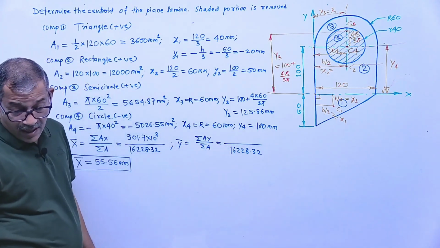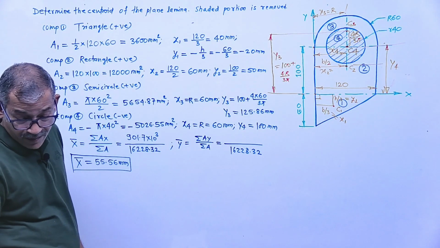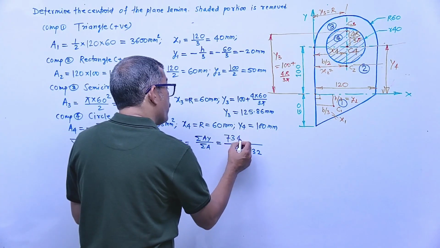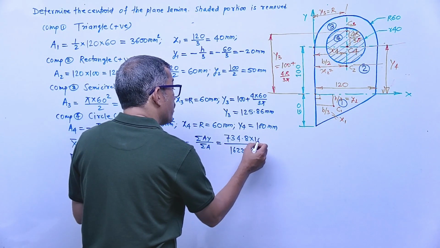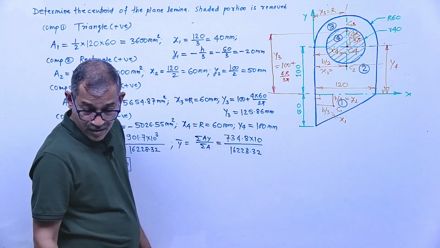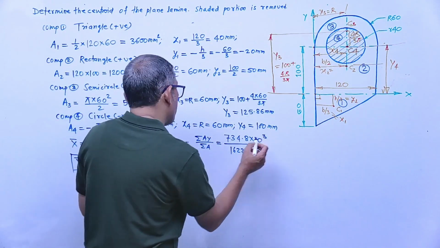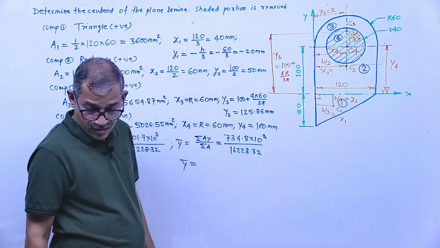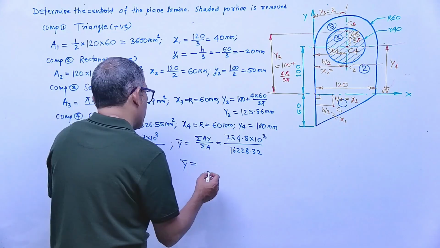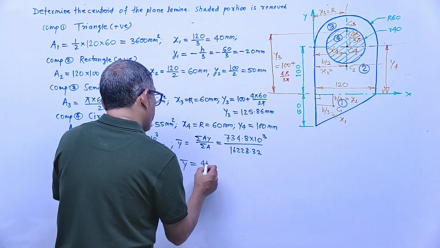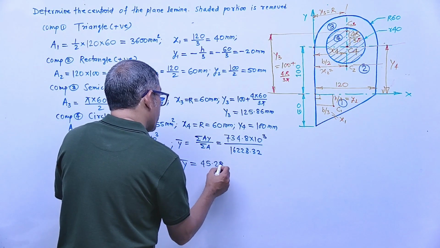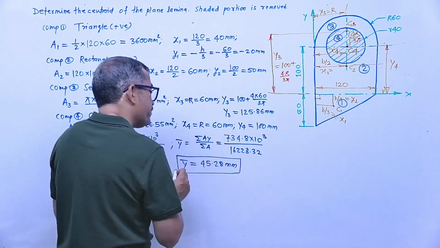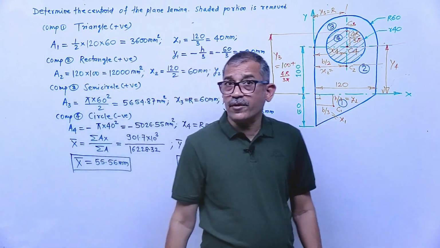Summation of ay, check how much we are getting. 734.8 comes. 734.8 into 10 raised to how much? 3. That means y bar comes out to be, calculate, check how much it comes. 45.28? 45.28, and the unit is millimeter, because all dimensions are given in millimeter. Clear? Any problem? Simple.